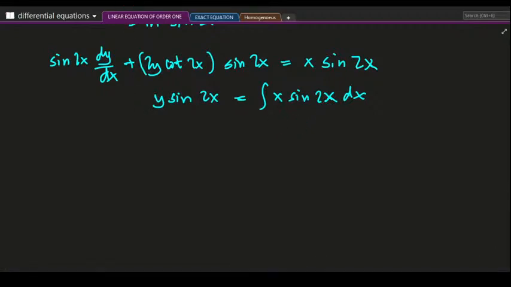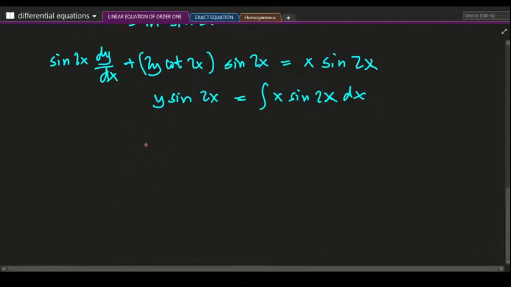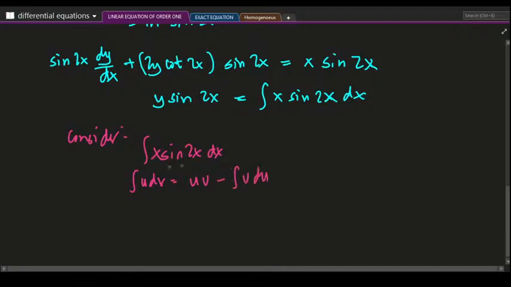Going back to your integral calculus, consider the integral of x sine 2x dx. We know that the integral of u dv is equal to uv minus the integral of v du.